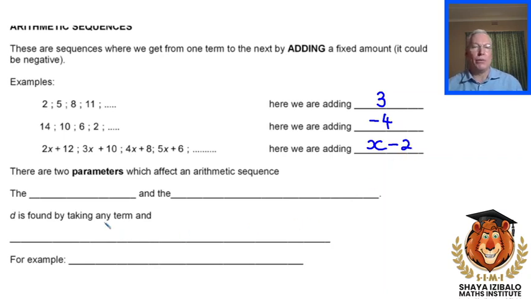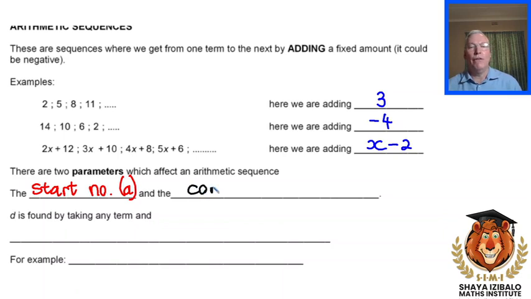There are two things which we call parameters which affect an arithmetic sequence. The first one is what we call the start number, and because of its importance, we give it its own little symbol, and the symbol for the start number is A. The second thing is called the common difference.